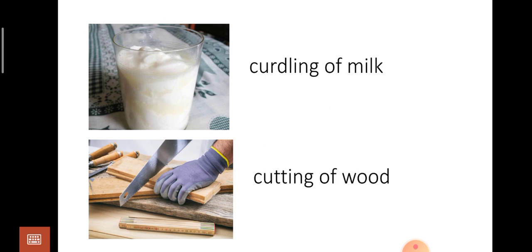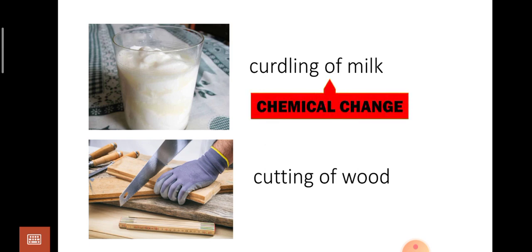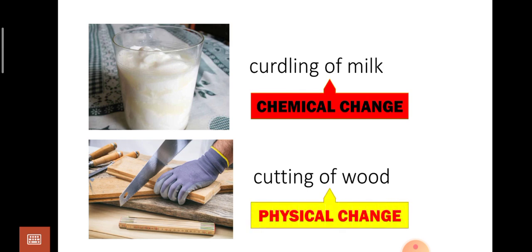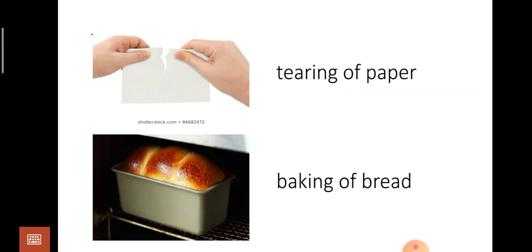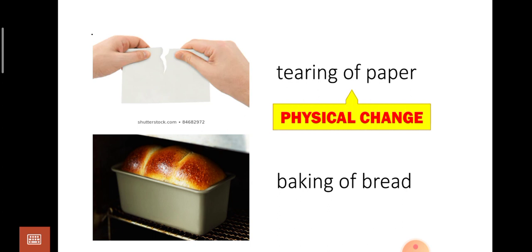Curdling of milk, that is also chemical change. Iba na rin ang lasa niyan, nagiging maasim-asim. Cutting of wood, physical change. Tearing of paper, physical change. Papel pa rin yan pagka pinunit-punit mo kahit ilang piraso.